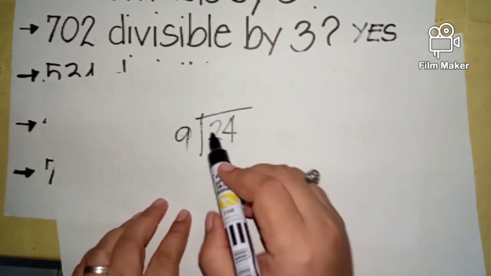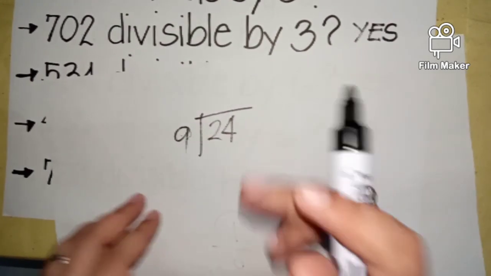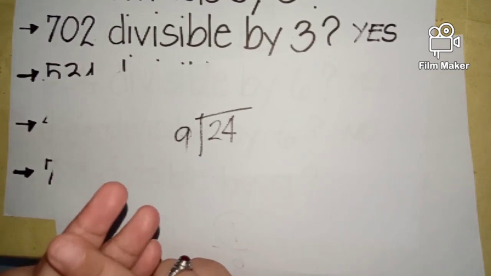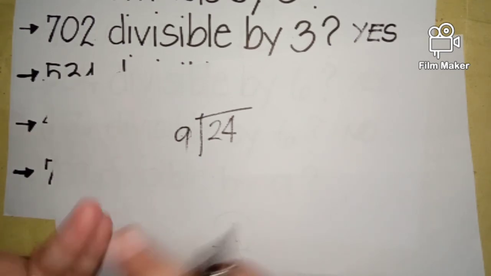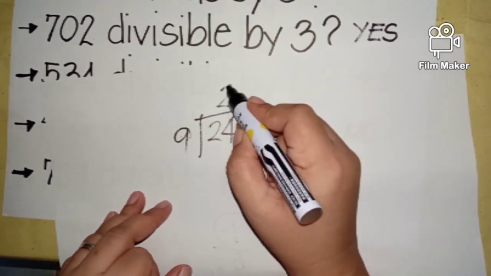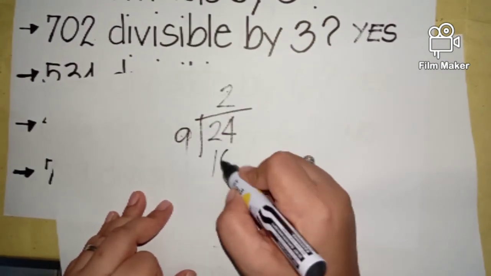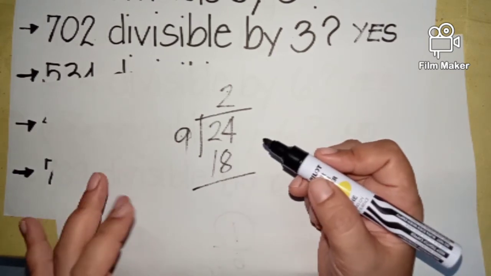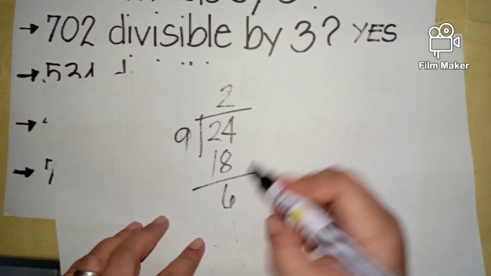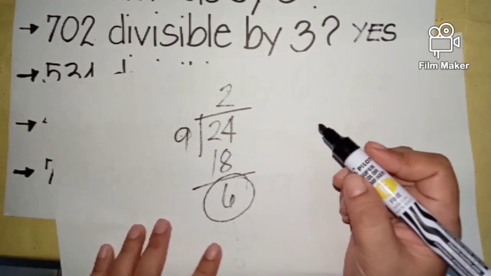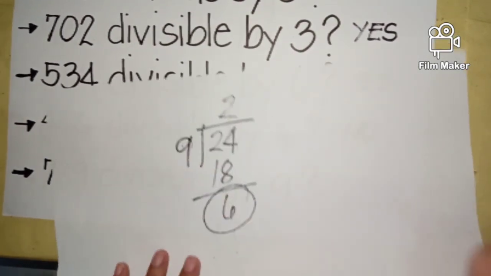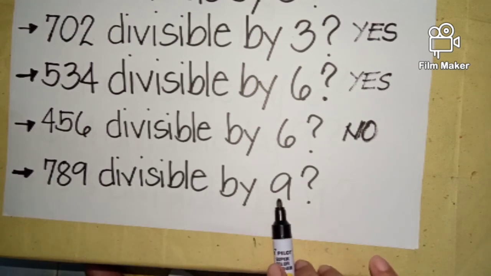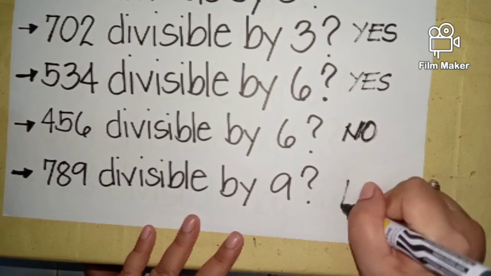Ilang 9 ang 24? 9, 18, 27 ang pangatlo. So, sobra tayo. So, dalawa. 2 times 9 is 18. 24 minus 18 is 6. So, merong sobrang 6. So, therefore, hindi siya divisible by 9. So, therefore, 789 is not divisible by 9. This is a no.